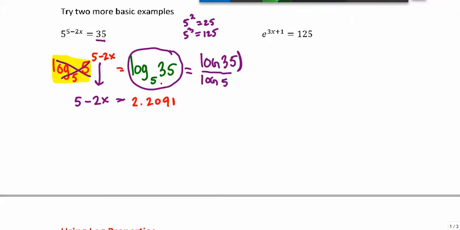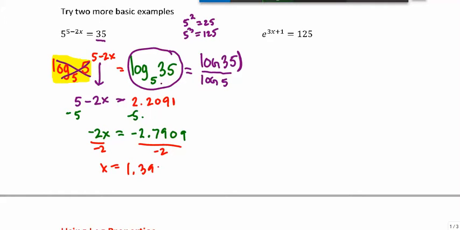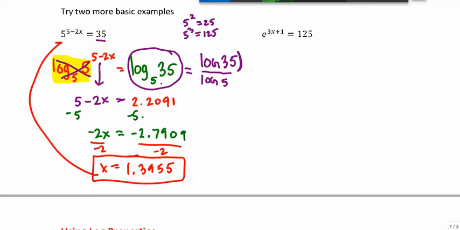And you're going to solve this like you normally would. And we get 1.3955. And you can check it back in here, plug it in with your calculator, and see. You're not going to get exactly 35, but you should get something really close.